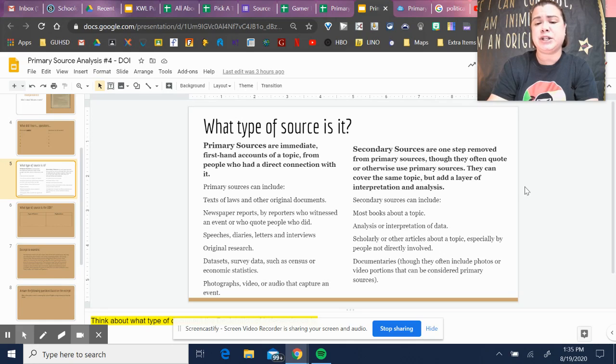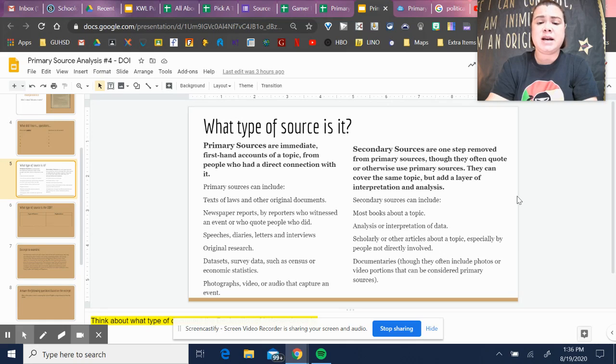Now, a secondary source is one step removed from primary sources, okay? They often quote or otherwise use primary sources, and they can cover the same topic. So a lot of these are going to be books about a topic, so textbooks, anything that we would read in class that is talking about different types of information or events that occurred, so those would be secondary sources.